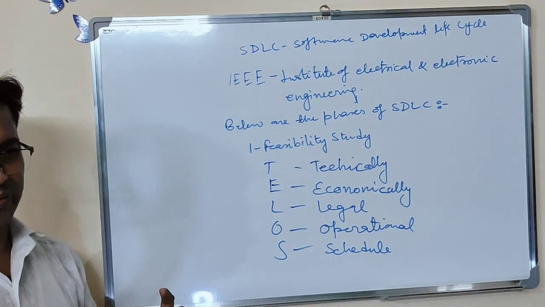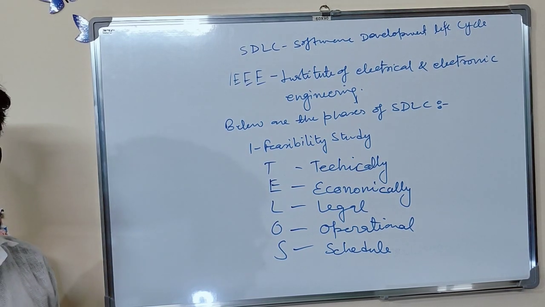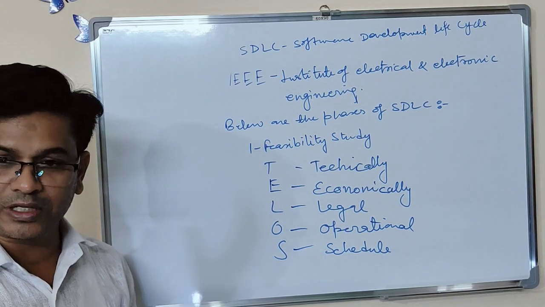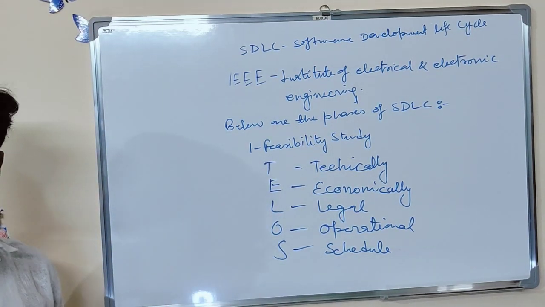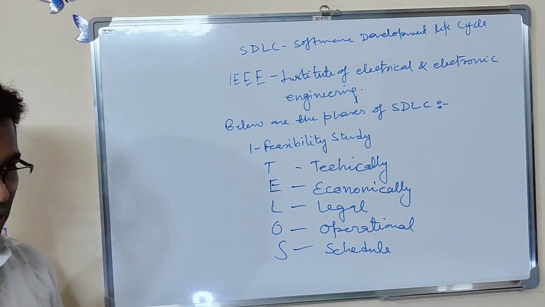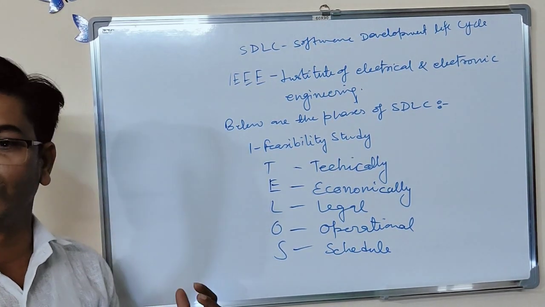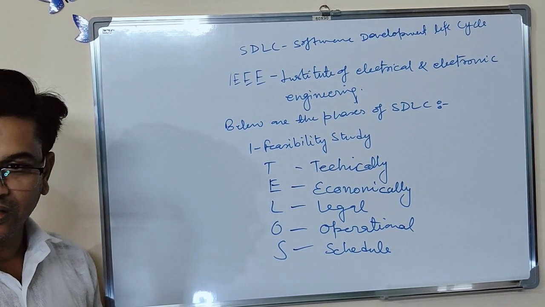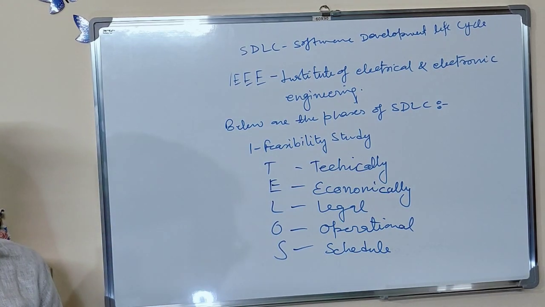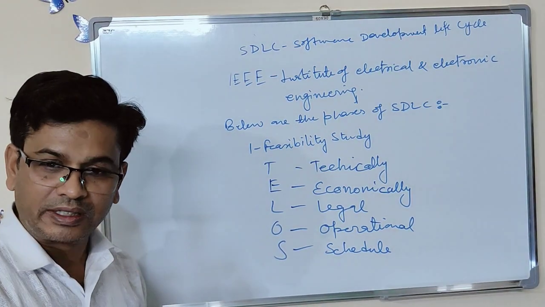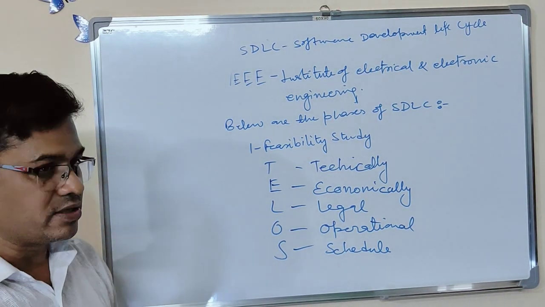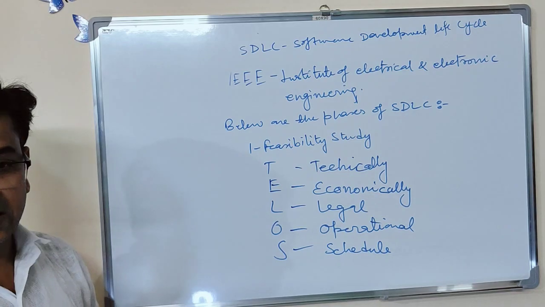Suppose any client comes and asks to make software to get the information of the military, so making such software is illegal, because the military contains very sensitive information. That information cannot be stolen by anyone. Nobody has the right to take and disclose this information to anyone. So yeah, legal means whether the requirement is legal or not.